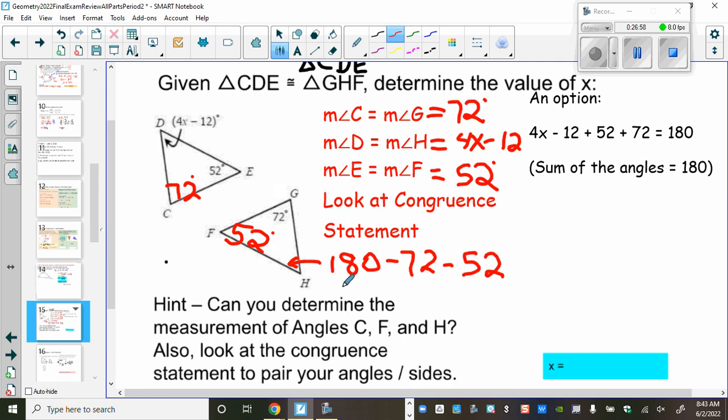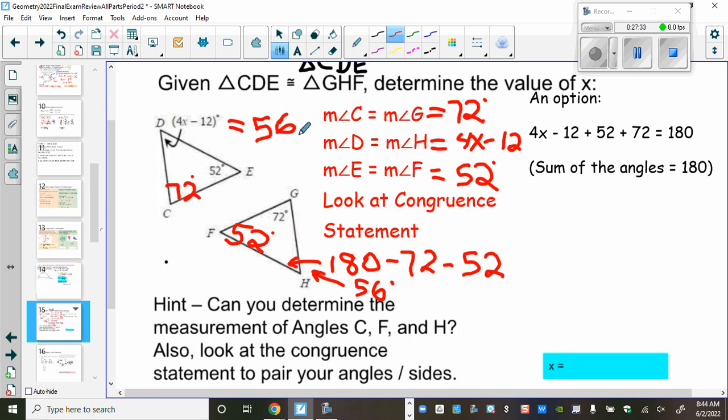What's left? Who could tell us? 56 degrees. Okay. Thank you, Andrew. You're right. So since this last angle has to be 56 down here, this last angle up here also has to be 56. So that's another way you could set up your problem.